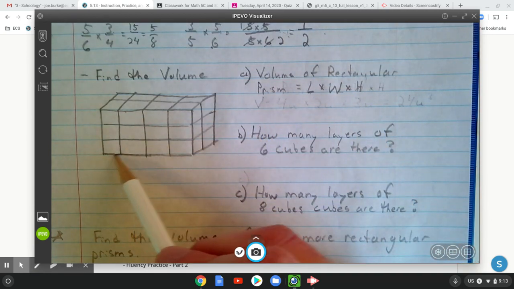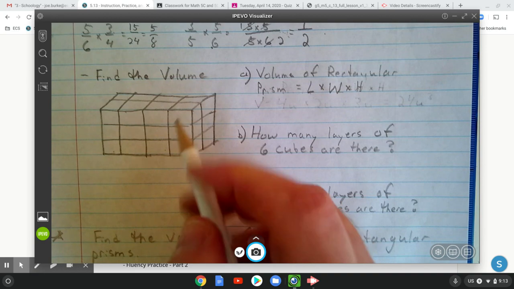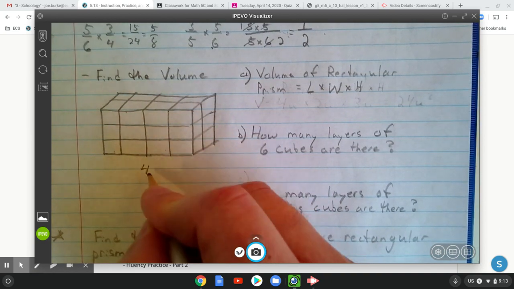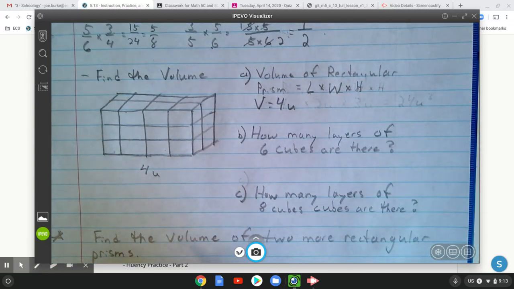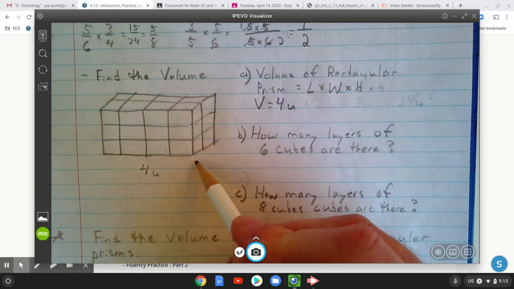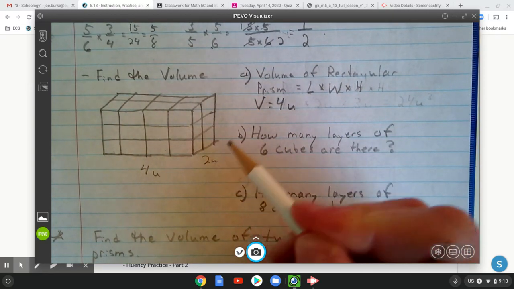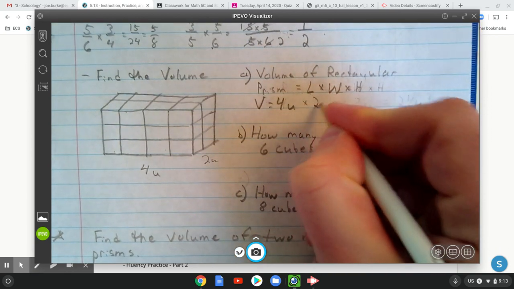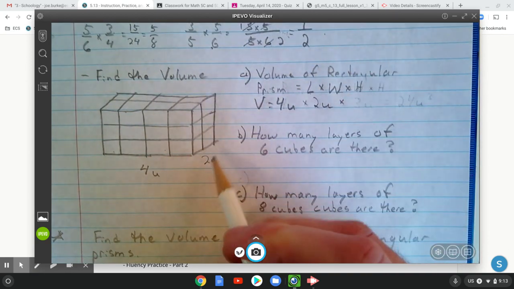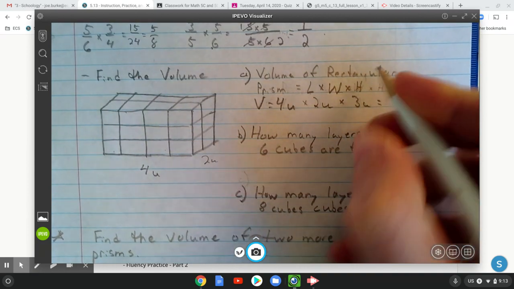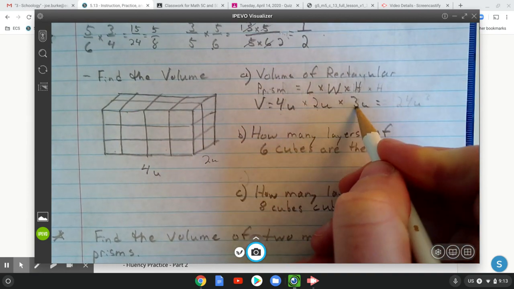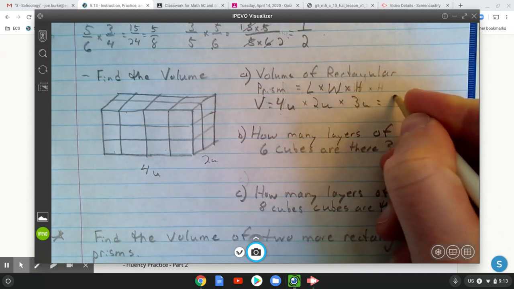Let's do the length first: 1, 2, 3, 4. So that's 4 units, times the width, say that's 2 units, and the height is 3 units. So that is 4 times 2 is 8, times 3 is 24.